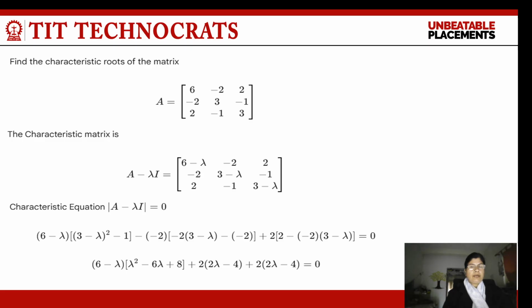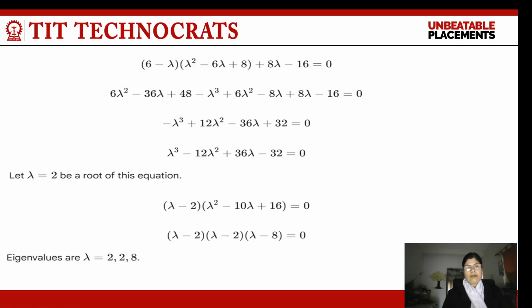That gives (6 minus lambda)(lambda square minus 6 lambda plus 8) plus 2(2 lambda minus 4) plus 2(lambda minus 4) is equal to 0.